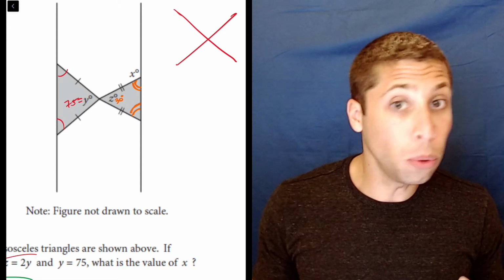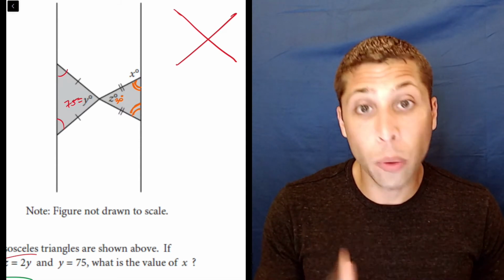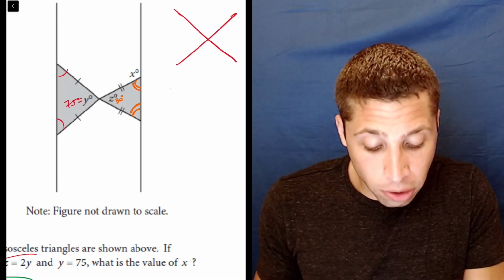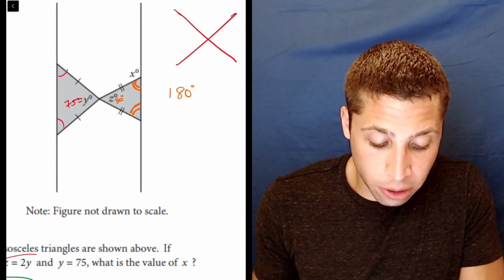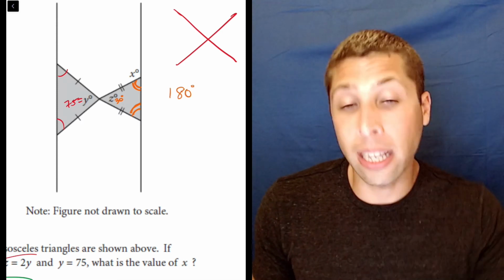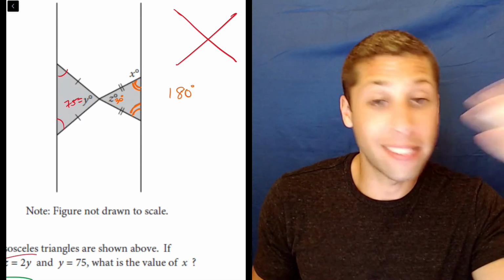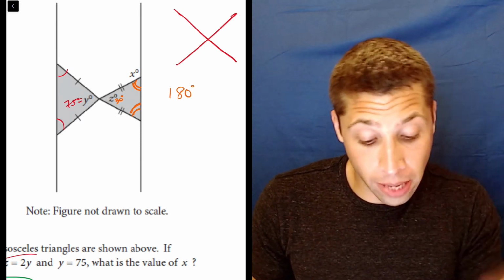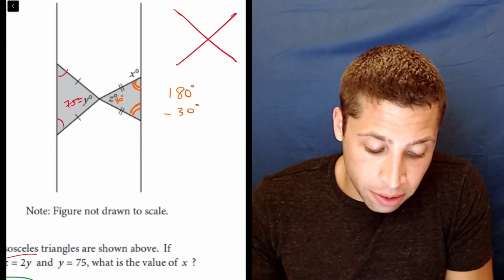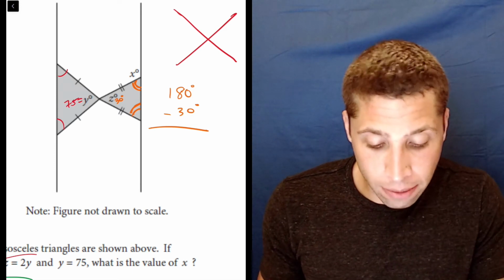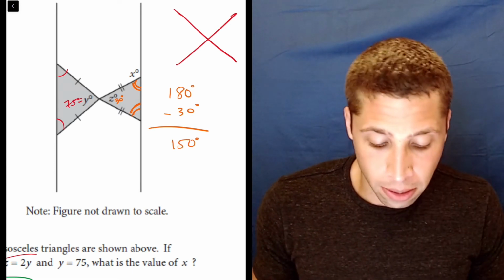That's just a rule for triangles: the equal angles are opposite equal sides. We also need to know that there's 180 degrees in a triangle. They do say that at the beginning of each math section, so you should memorize that, but it's there if you need it. And so z already takes care of 30 of those degrees, so that leaves us with 150 left.